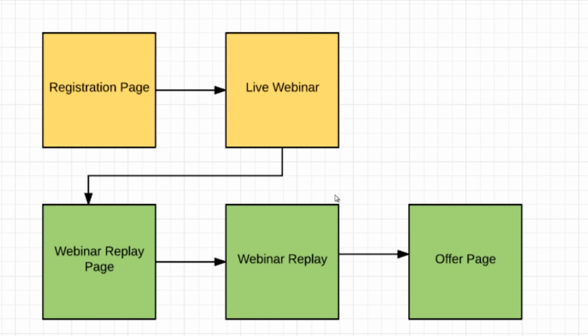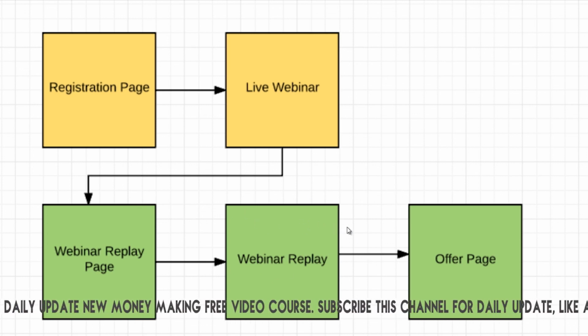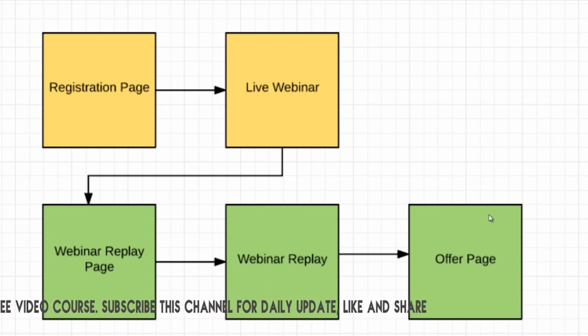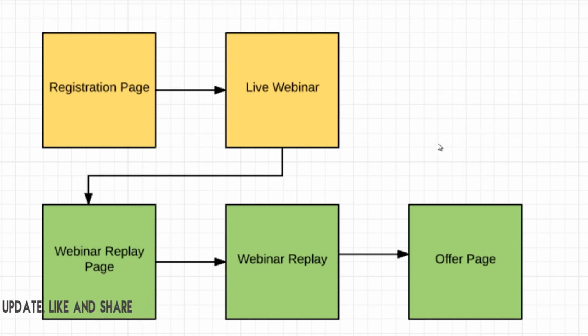The nice thing about systems like EverWebinar and Webinar Geo is you can set it up so that at a certain time during the actual webinar, when you talk about the offer, you can present the offer page. If you're not using Webinar Geo or EverWebinar, then the problem is everything is manual.